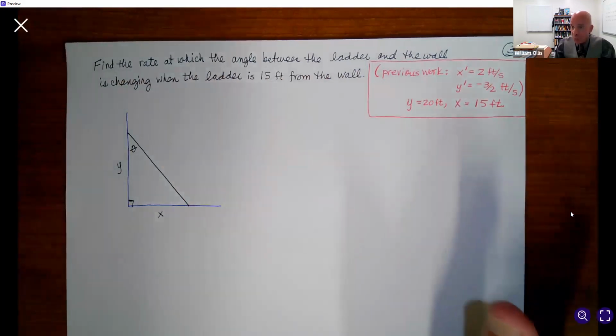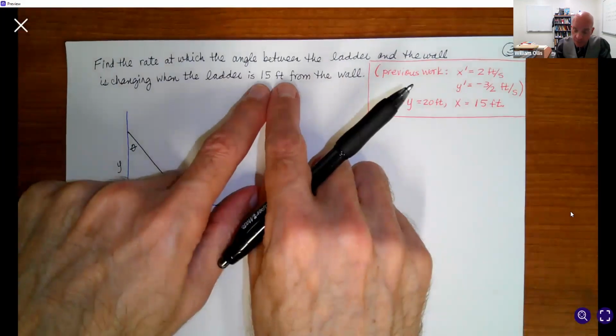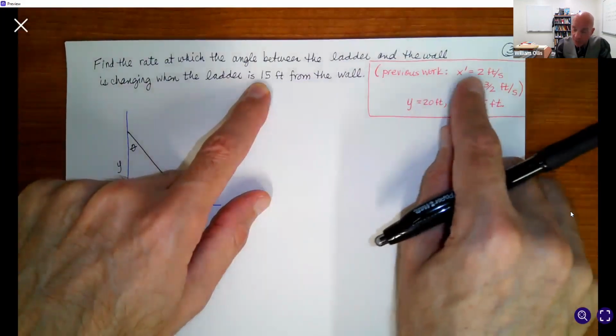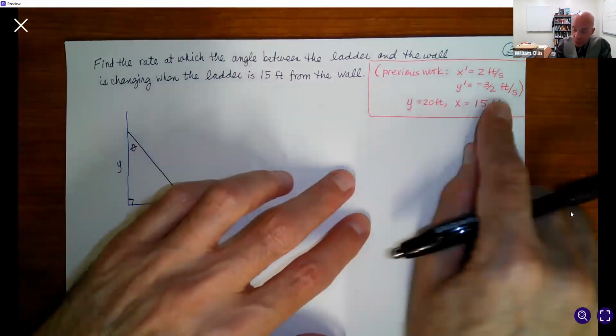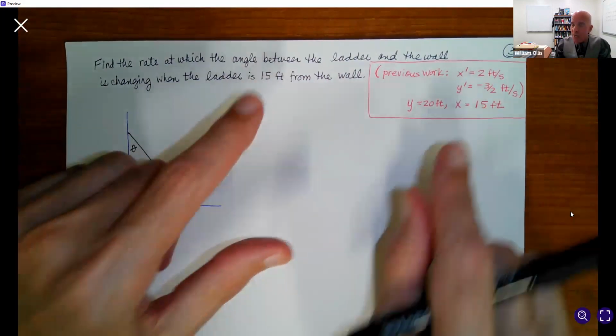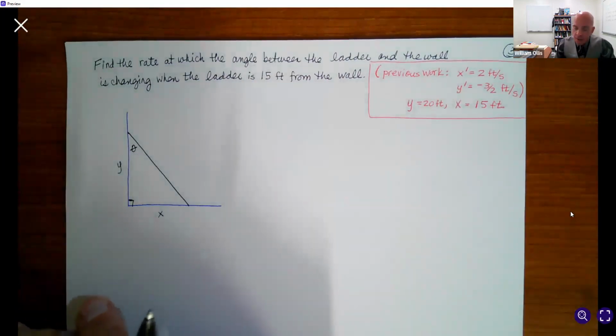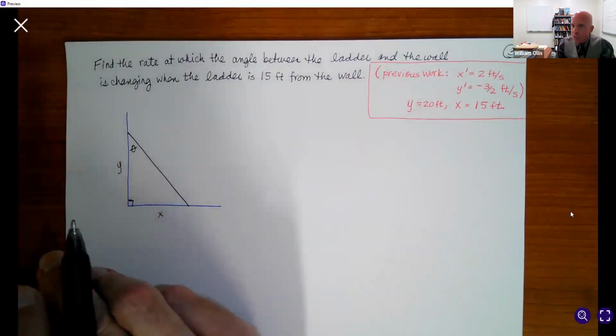Well, that's really good for us, because we know that when we've got the 15 feet here and we've got the rate of change of x, we get the rate of change of y. And so all of this is now good based upon this. So the problems are connected via these numbers. So you don't have to start over, which is good.